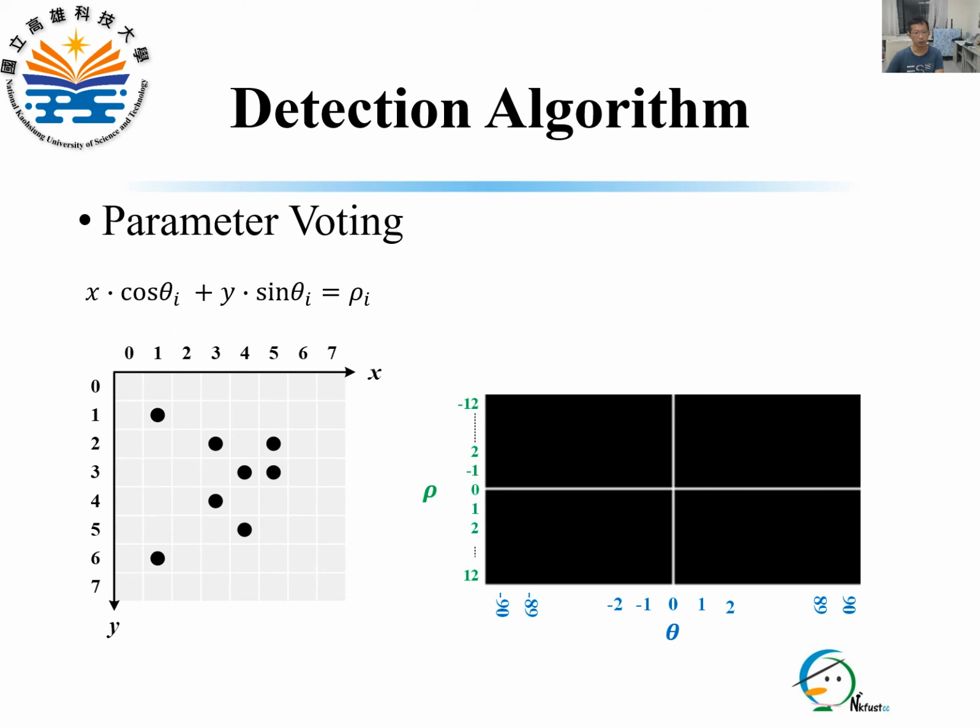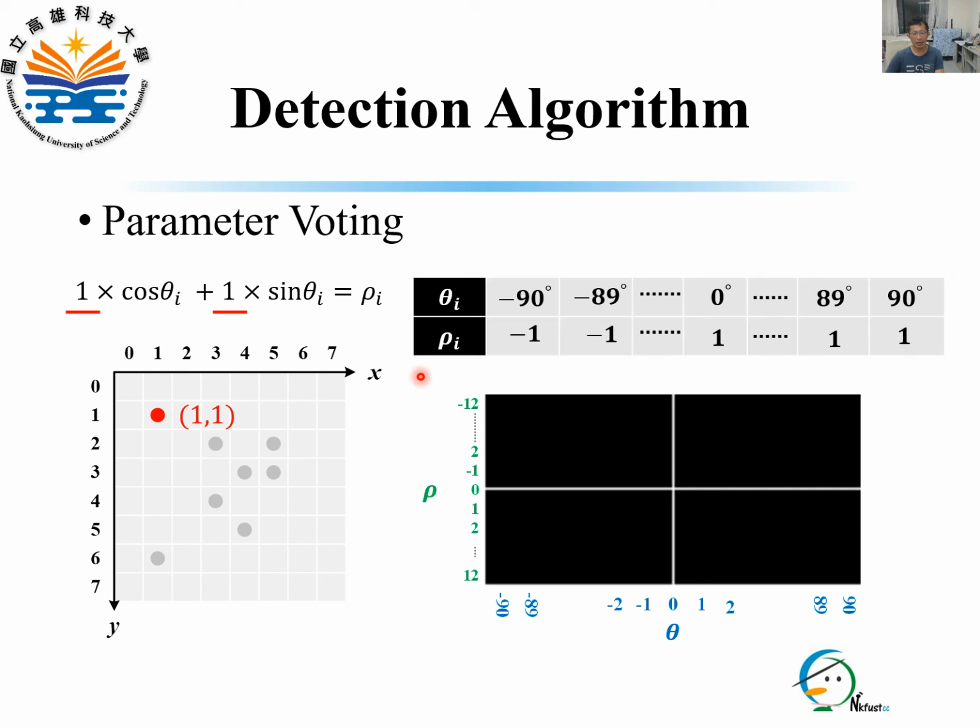In this example, we take the first point at the coordinate (1, 1) for voting. The lines passing this point will satisfy this equation. This table shows the rho and the theta values of the lines passing this point.